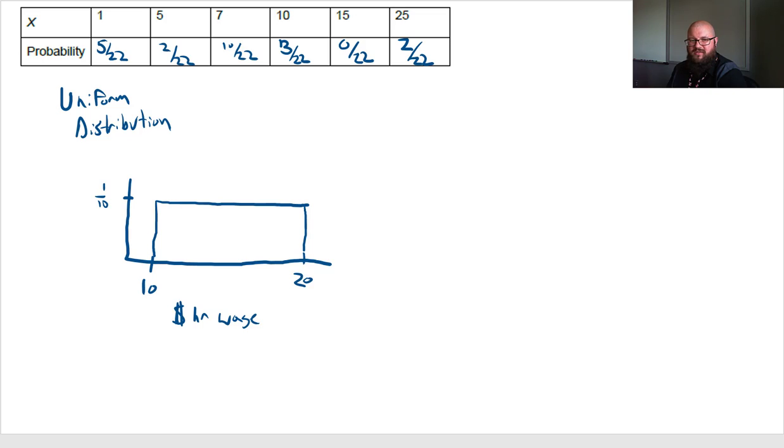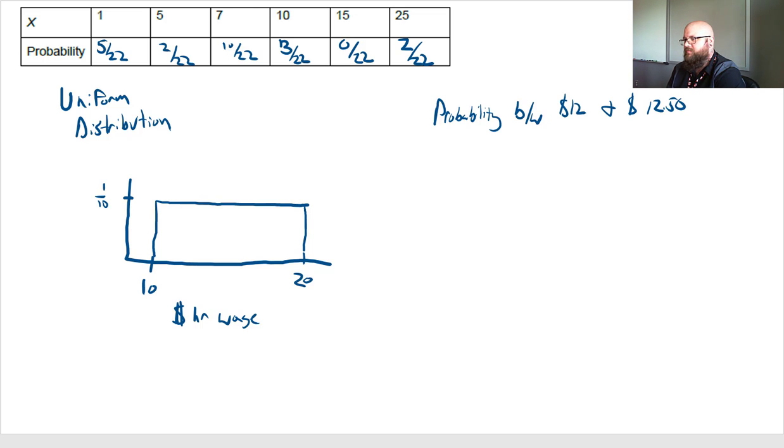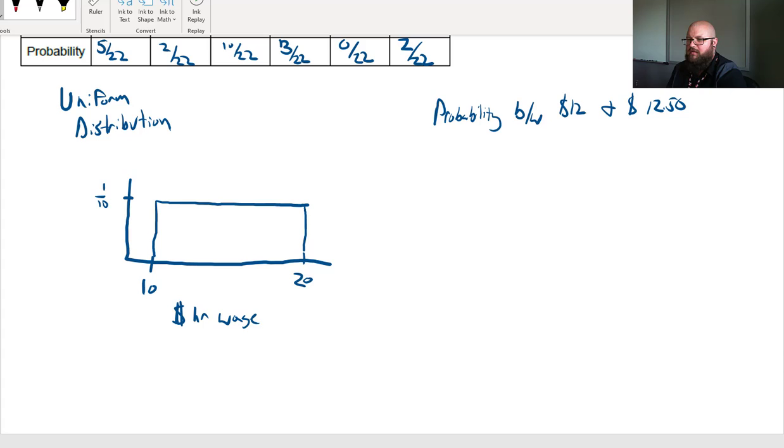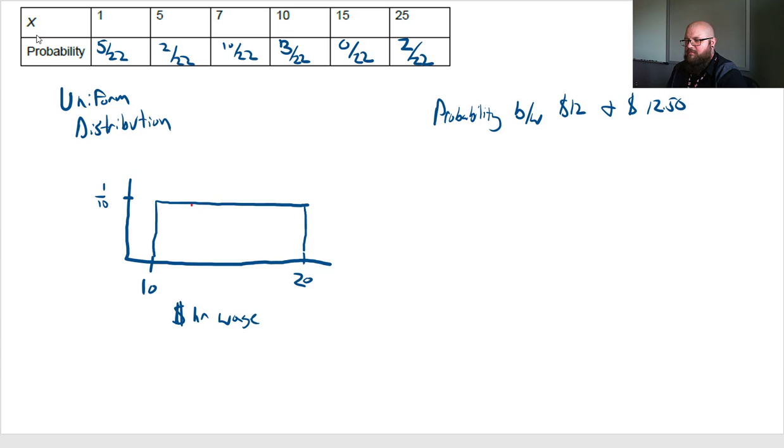So let's think about that. Let's do a probability: say the probability that you make between $12 and $12.50. So say $12 is somewhere right in here.